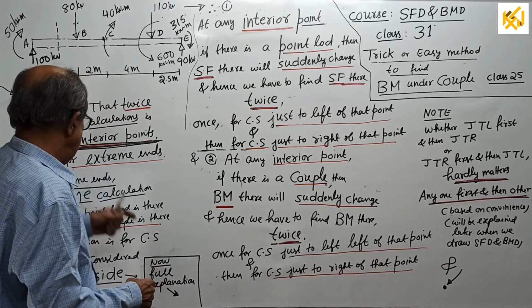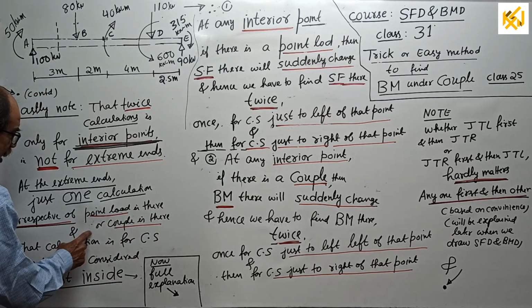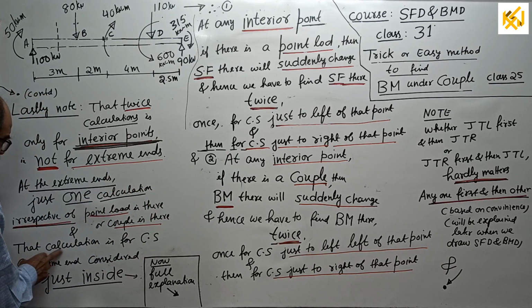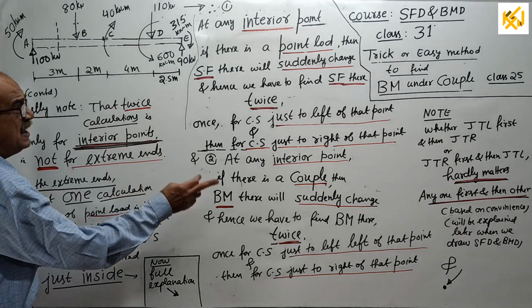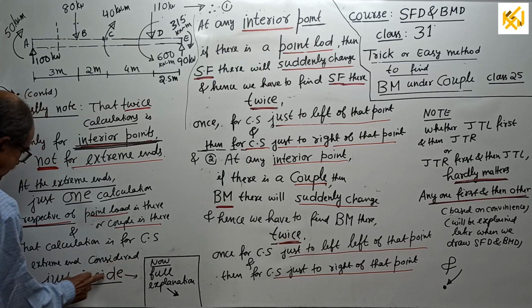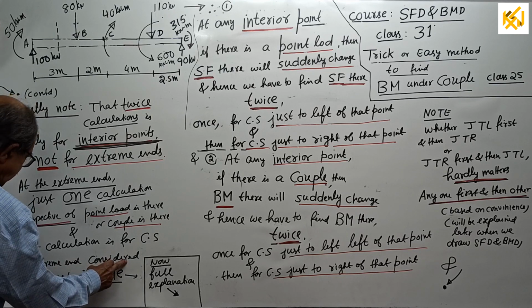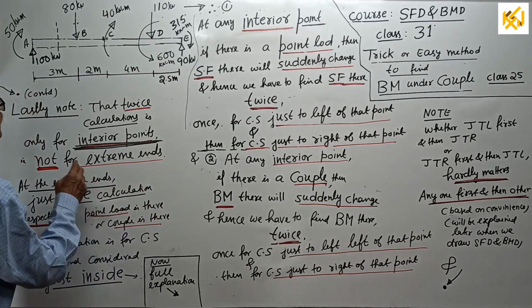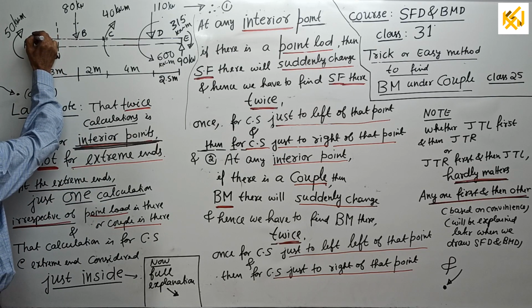And irrespective of whether point load or couple is there, that calculation is for the cross section at the extreme end, considering the cross section just inside, which means you take a section slightly inside.